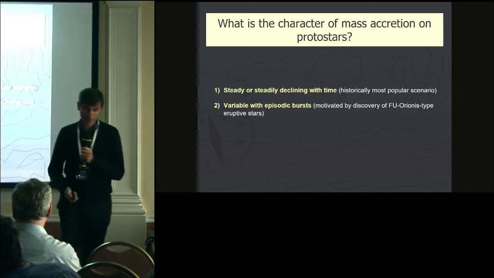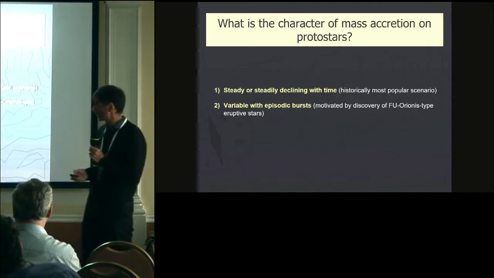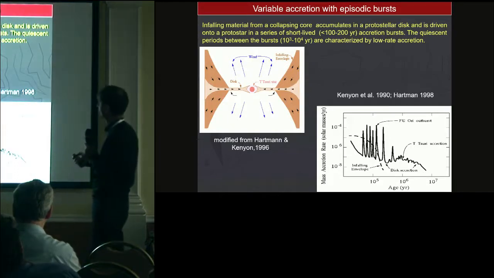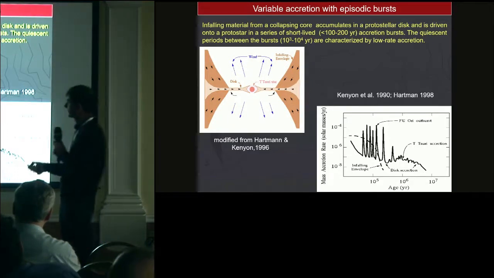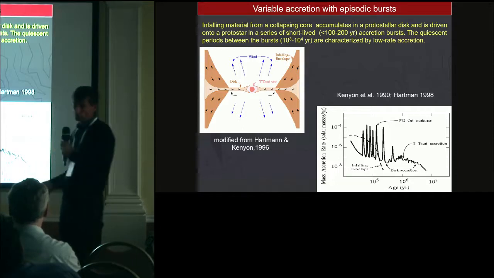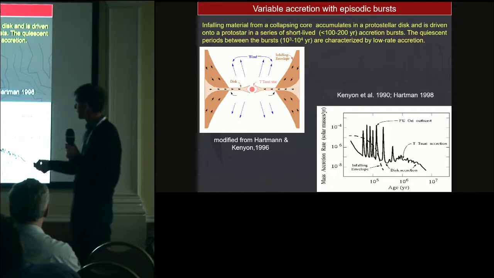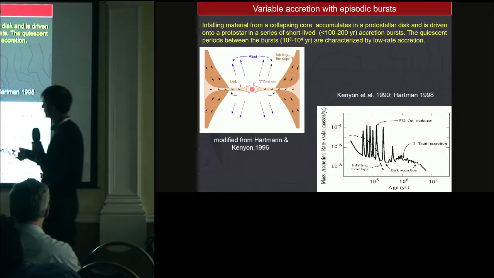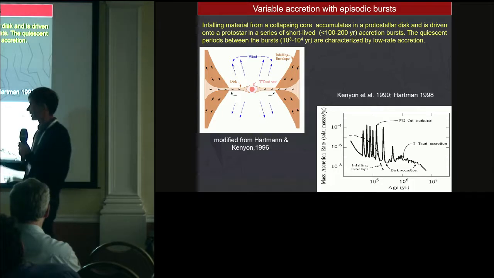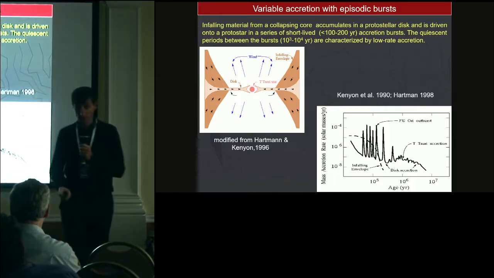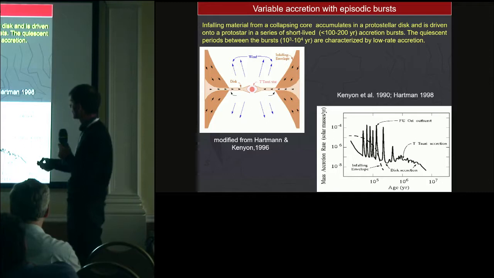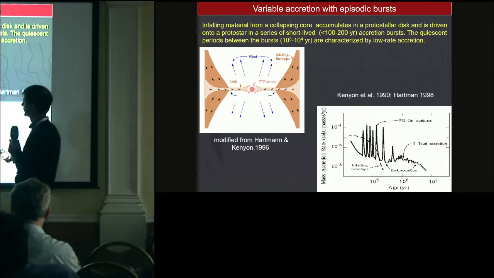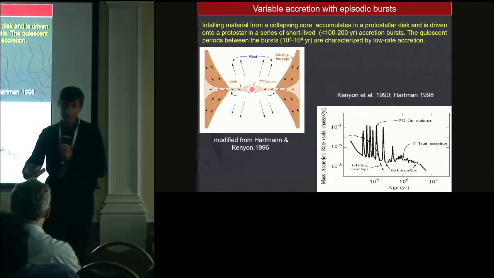We have heard already several times about these FU Orionis type eruptions. So Hartmann and Kenyon suggested that this is a schematic view of our embedded object. We have a star in the center, a disk, and then an unfolding envelope. The envelope mainly falls on the outer edges of the disk and is then transported somehow through the disk due to viscous or gravitational torques towards the star, but it's not transported in a steady fashion.